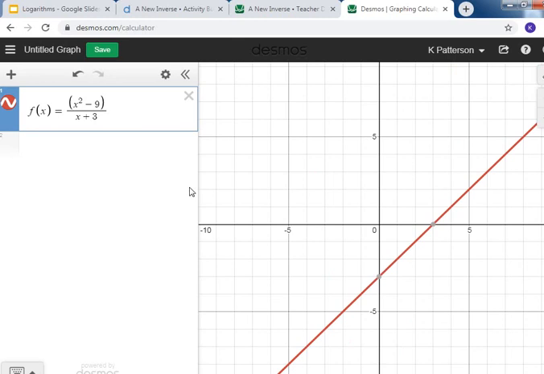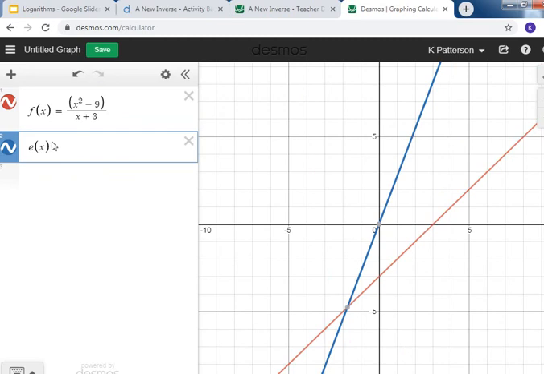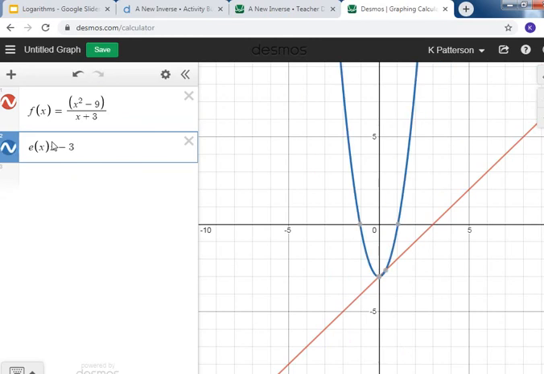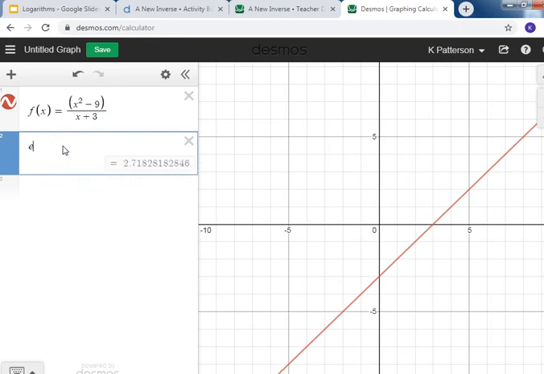And you can see at x equals -3, it's undefined. And then our extended function was just x minus 3. Oops. What am I doing wrong? Why does that look like that? X minus 3, there we go. So I'll just write x minus 3.